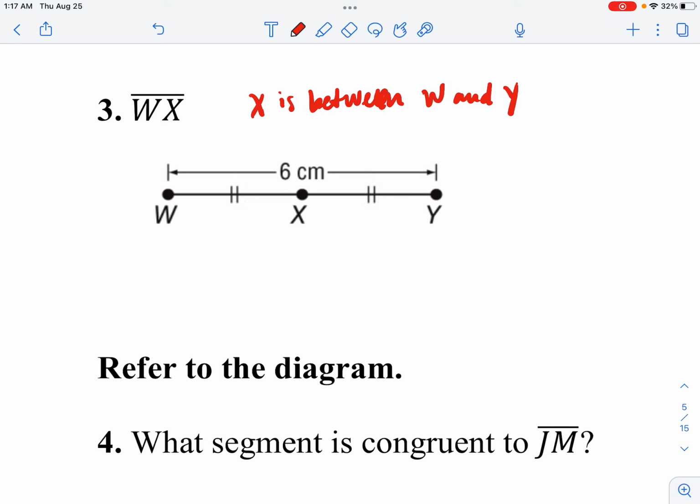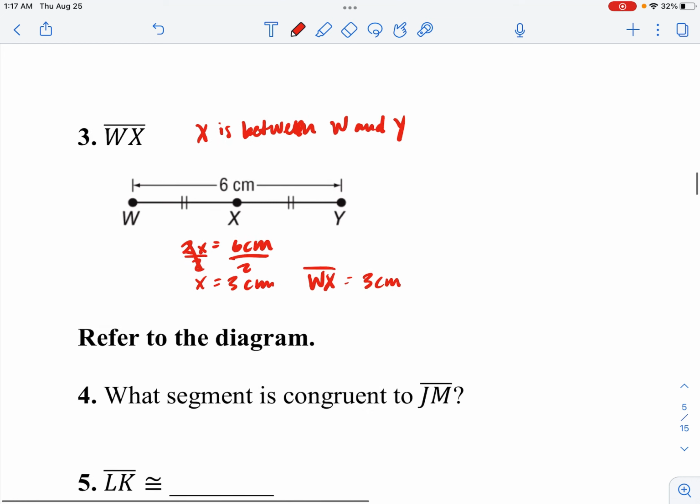So, if you want to do this algebraically and properly, you could say 2x is equal to 6 centimeters. Divide by 2, divide by 2, and hopefully this is obvious. X is then equal to 3 centimeters. Thus, we would have WX is equal to 3 centimeters.